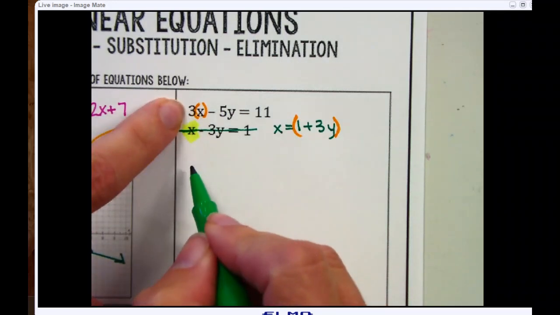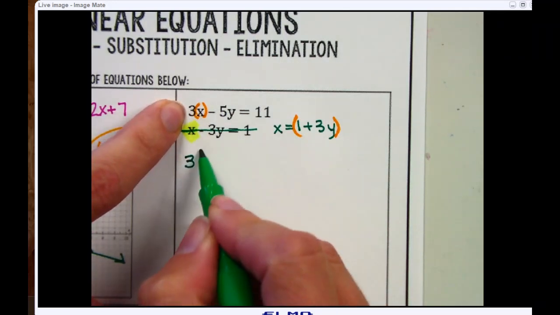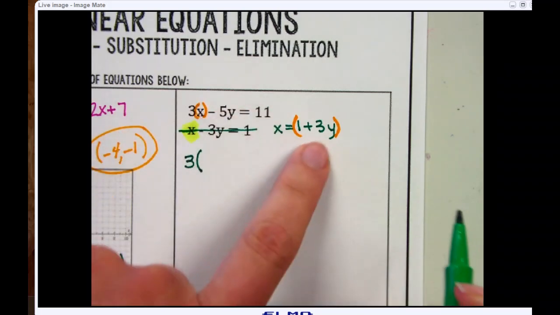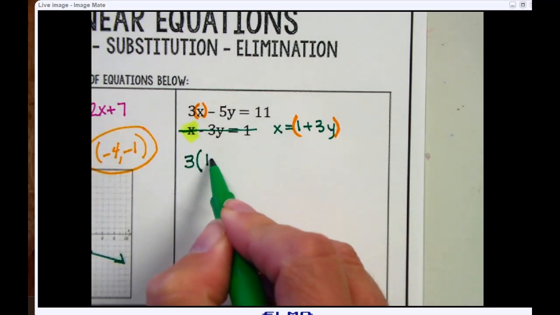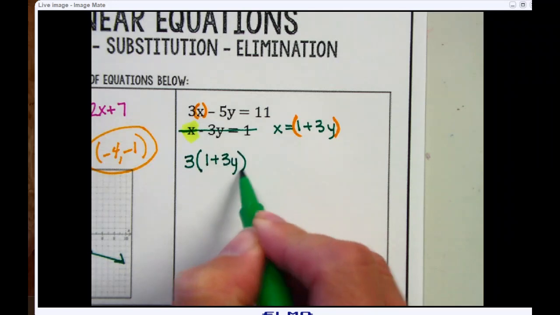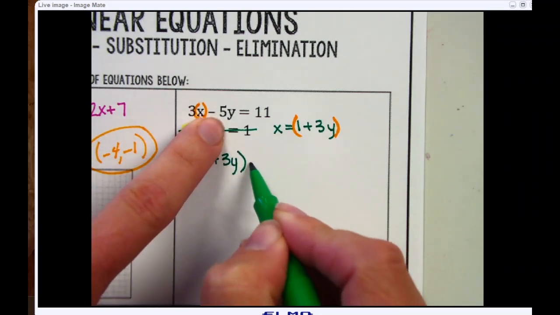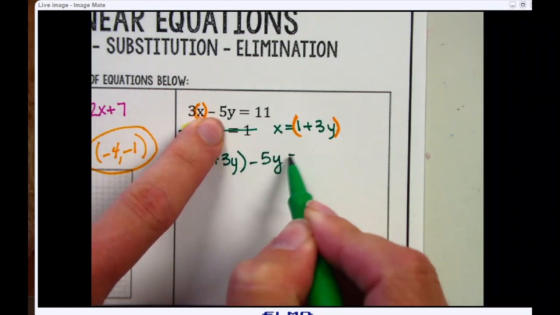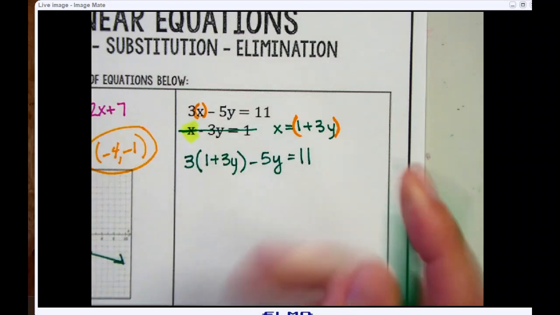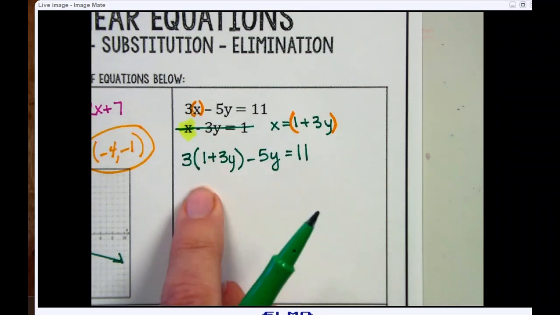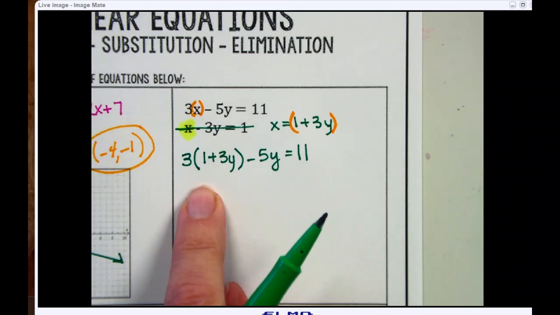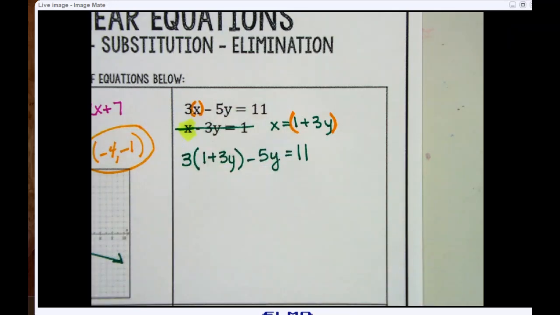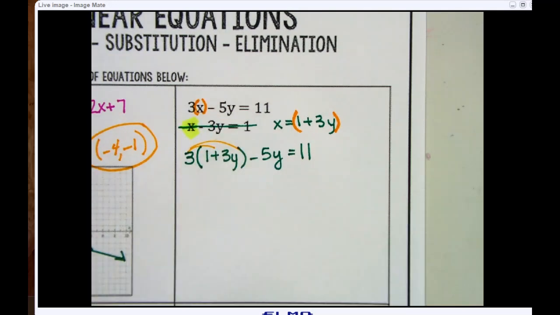So I'm going to rewrite this top one. 3 times, what did we say x was? 1 plus 3y. And then I have minus 5y equals 11. Is that an equation that we can just combine like terms, follow order of operations, and solve for y? Yep. So let's distribute here.